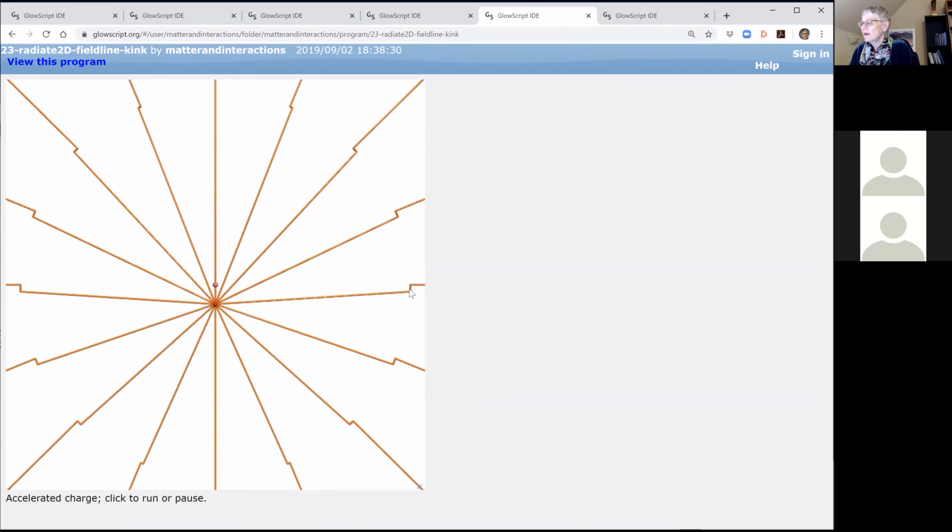And it's this kink, this sort of downward piece of the field line that is the radiation emitted from this charge. Now, this is a kind of simplified animation in that we're assuming here an instantaneous brief acceleration of the charge. So there's only this one very short pulse that came out here.